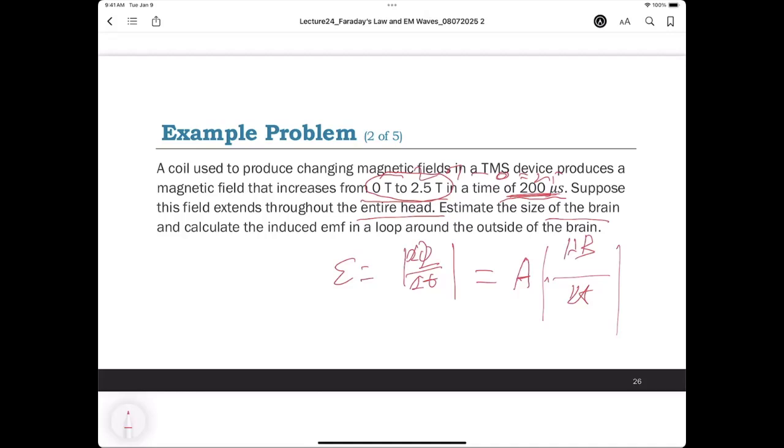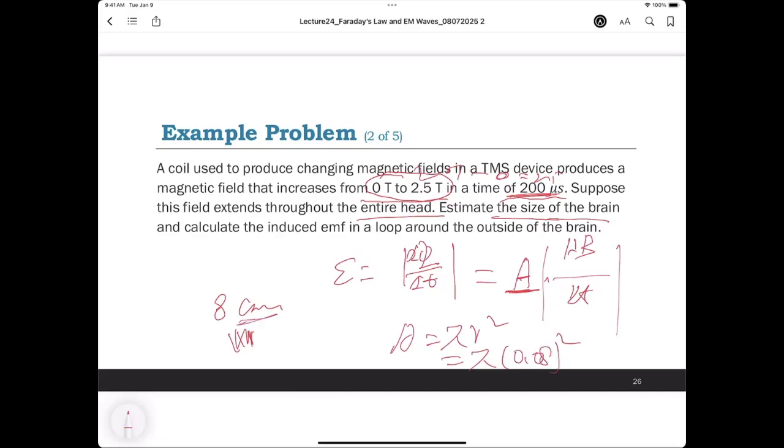Then what we need is just to estimate the size of the brain. When you estimate the size of the brain, you just use your brain, or you can check it online. Usually the radius of our head is about 8 centimeter. So you just use this number to calculate the area: the area of the loop equals pi r squared.